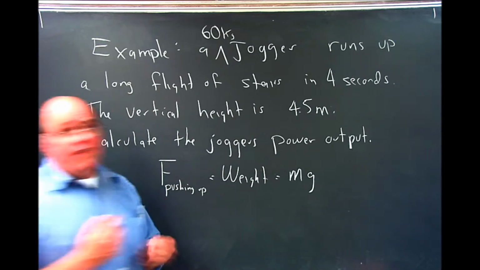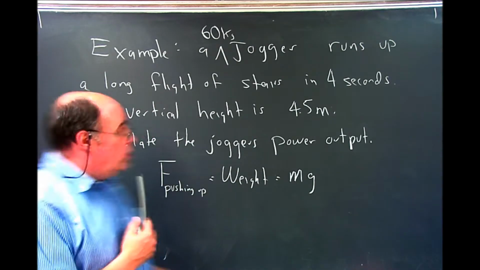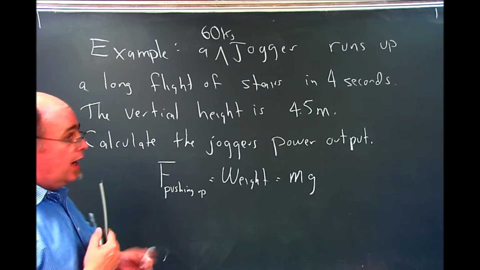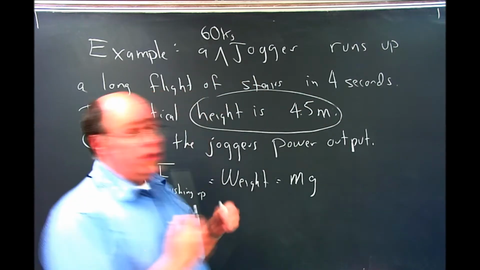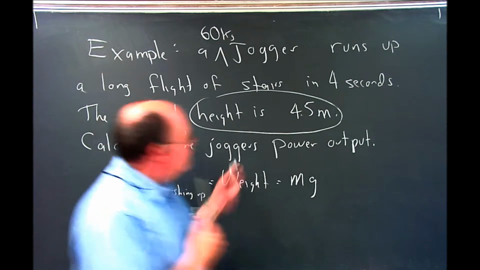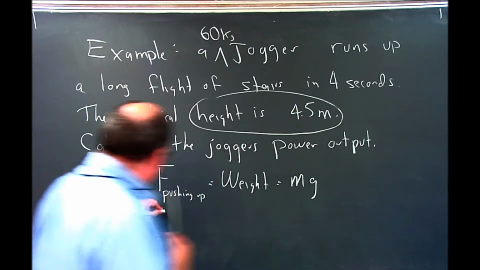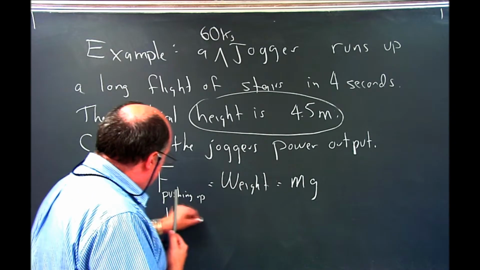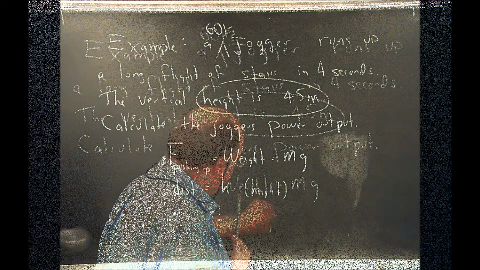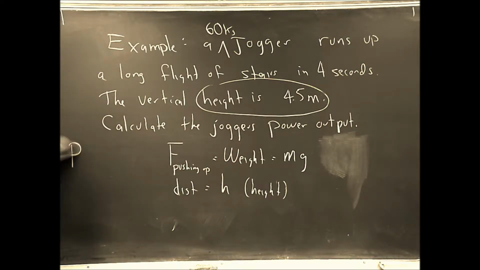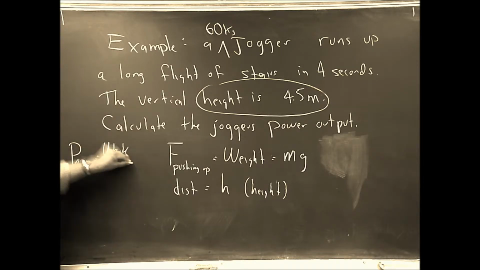And how far are they moving up vertically? Well, they gave us right here the height is 4.5 meters, so we could call that a height. So the distance they're going to move is equal to h for a height. The first way we defined power, we said power equals work over time.